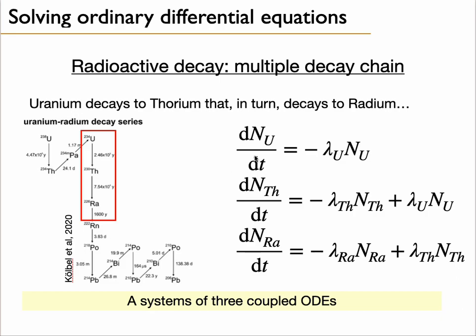So we will consider the quantity of uranium that will decay with time. So here we have the quantity of uranium, the time, and here is the parameter lambda.